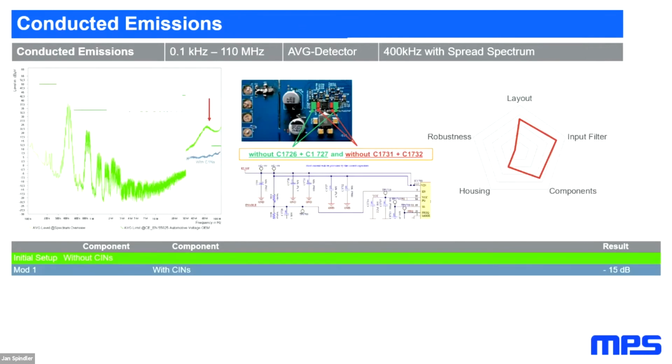The next thing we see more and more during the last months is this topic with the C-in capacitors, especially when you have more than one switching regulator on one power rail, and they are switching differently.